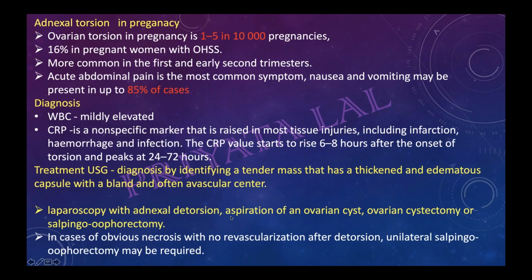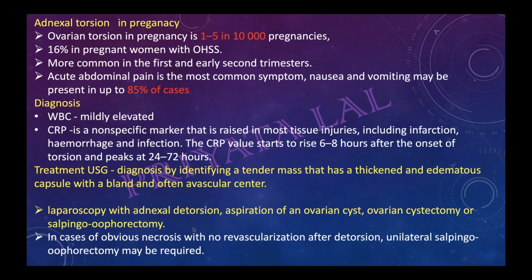In pregnancy, they are doing these three things: adnexal detorsion, aspiration of cyst, or ovarian cystectomy, or consideration for salpingo-oophorectomy. So maybe in some cases, if necrosis is there, because it is pregnancy, and in pregnancy we already know that one surgery has been done, there will be no role for going for surgery again.